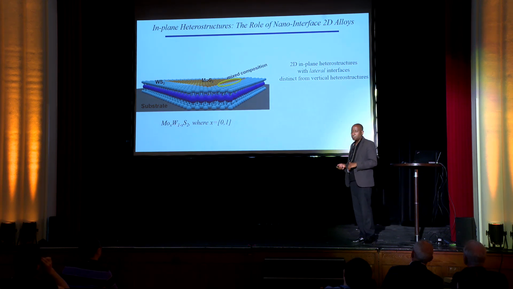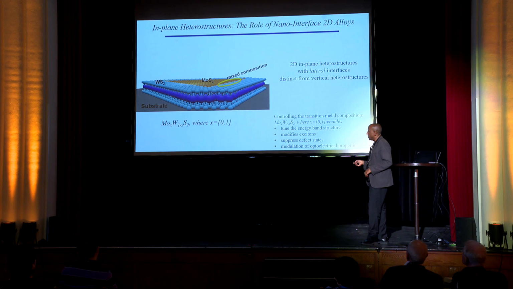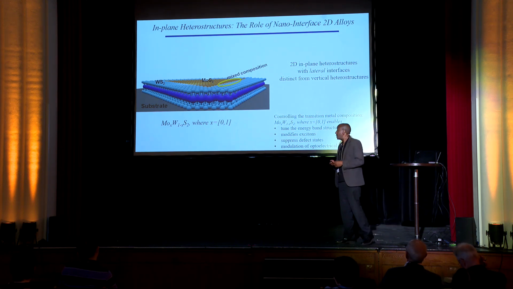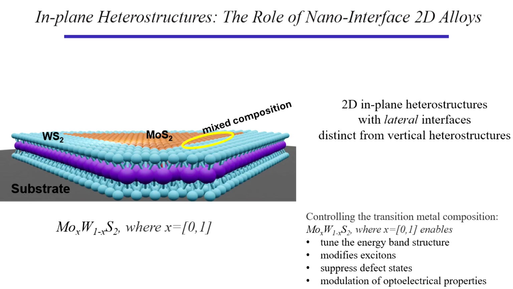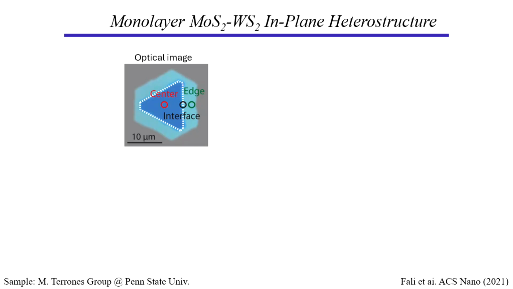That kind of system becomes very interesting. I'm going to tell you something about that. That enables tuning the energy band gap and also allows all kinds of interesting interaction with excitons. So it's a complicated system, but I'm going to try to convince you that something can be done.